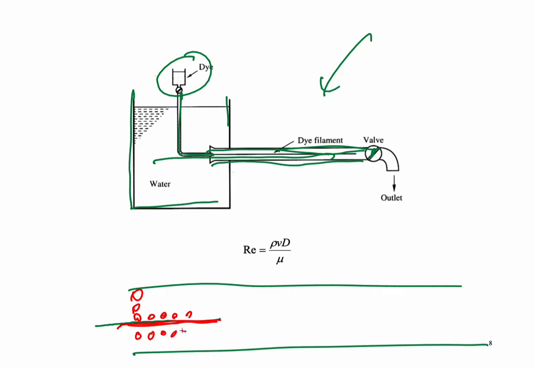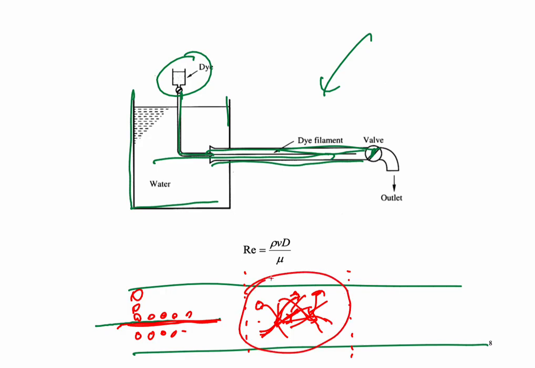Then at a certain region, before it becomes 100% turbulent, a few molecules start to move without any rules, chaotically. If this happens, the ink has the possibility to travel upside and downside, so it could travel anywhere here. However, in this region we could still see the color of the ink, the color of the dye.